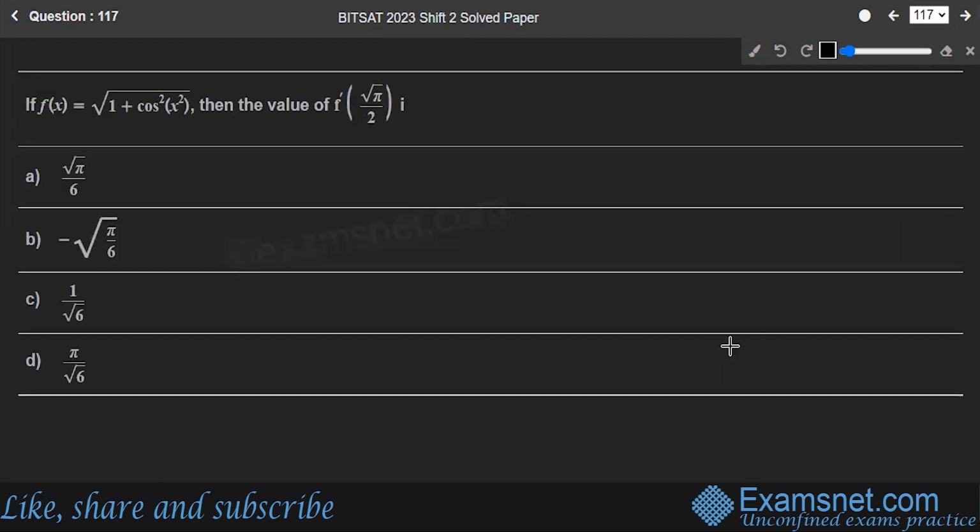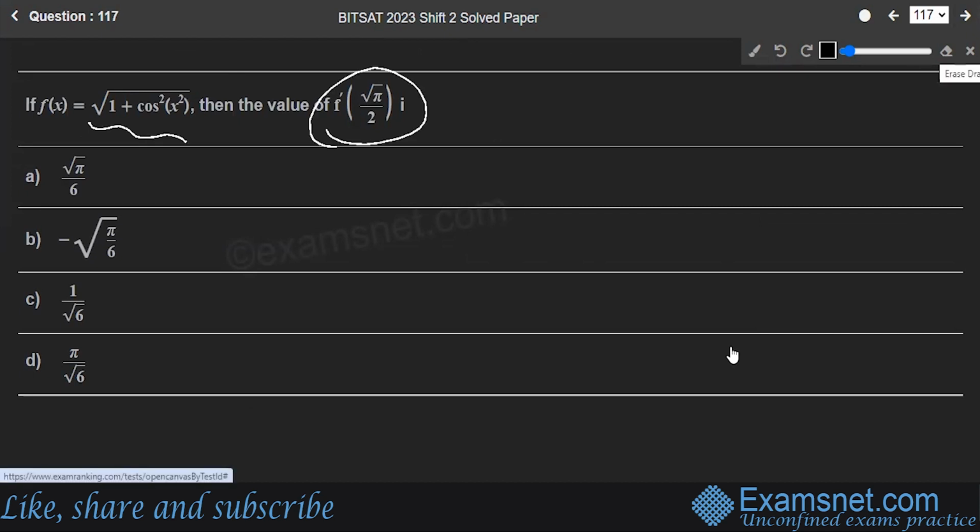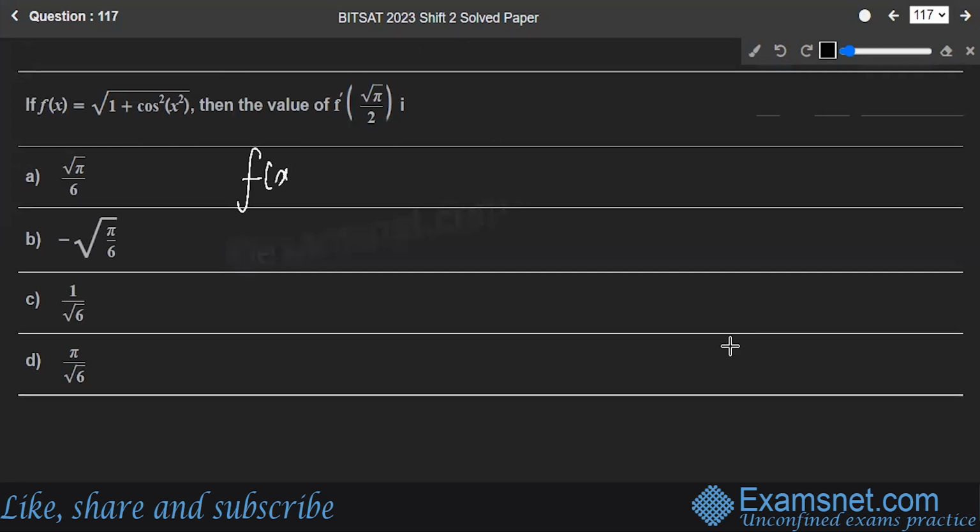Hope you understood. Next is question number 117. If f(x) is given by this function, then what is the value of the derivative of f at root of pi by 2? So you have f(x) equal to root of 1 plus cos square of x square.